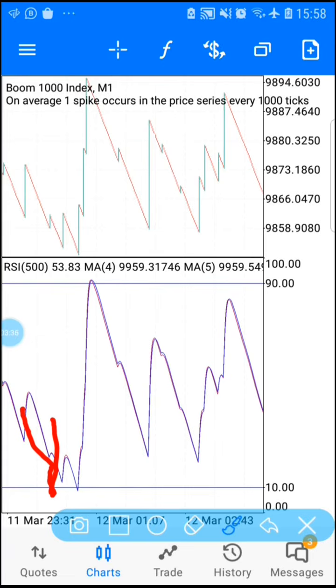You wait for that moving average to come back and touch that 10 level again, retest that 10 level. Then when it touches that 10 level again, like here, then you enter your buy trade, right? And you wait for the market to spike up like the way it did here. We can see a clear example. So that's how you go about it.